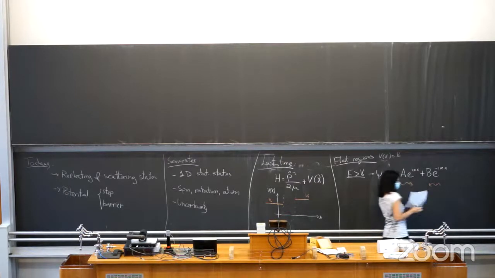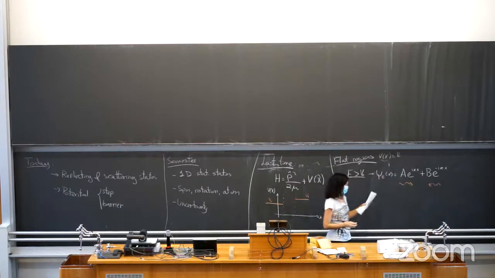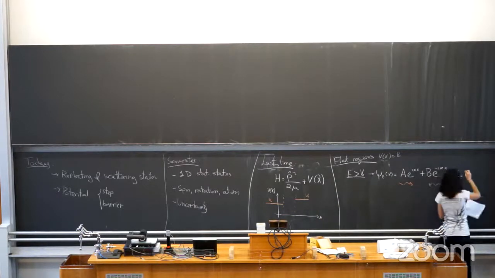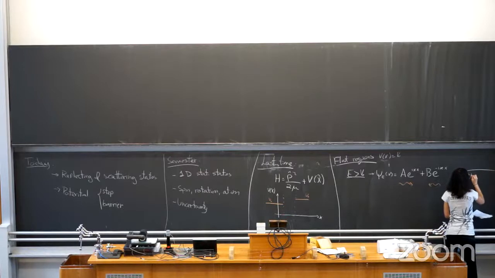And this k was given by the square root of E minus V0.